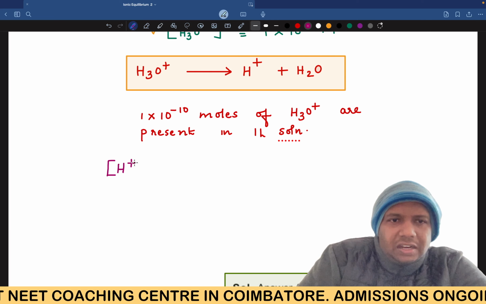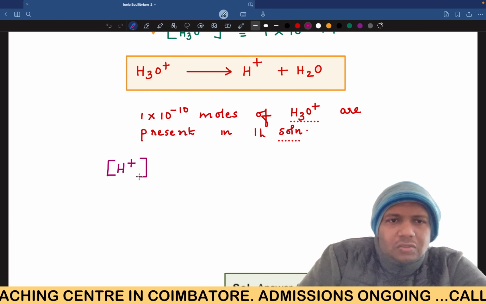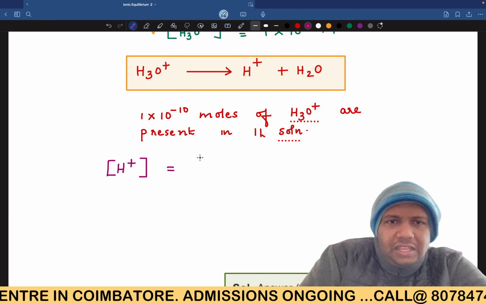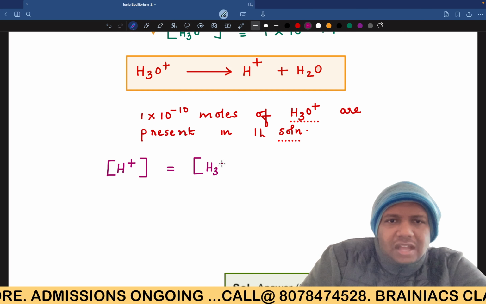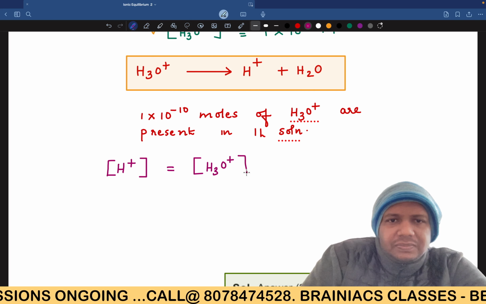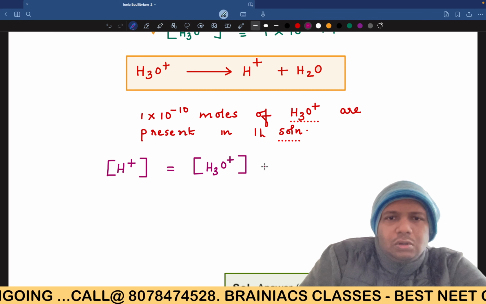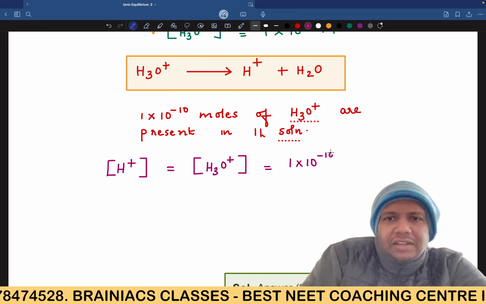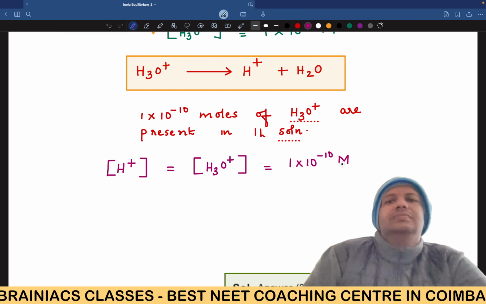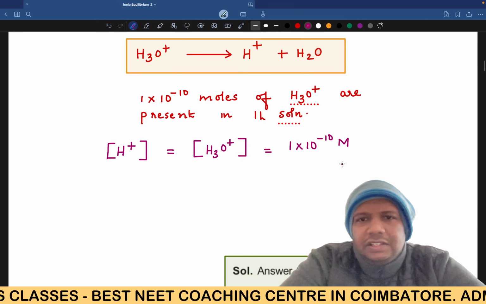It is a 1-to-1 relation. So we say the concentration of H plus ion is equal to the concentration of H3O plus ion. Very important. And this is equal to 1 into 10 power minus 10 molar.